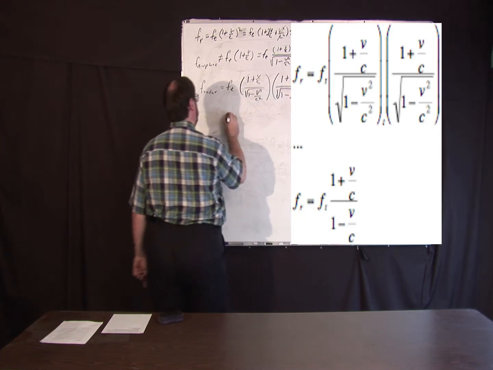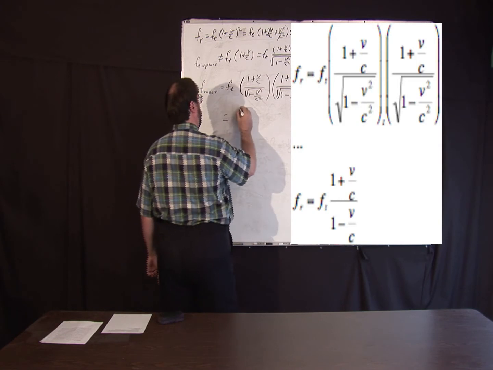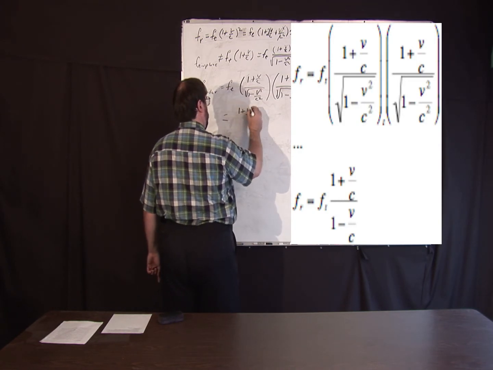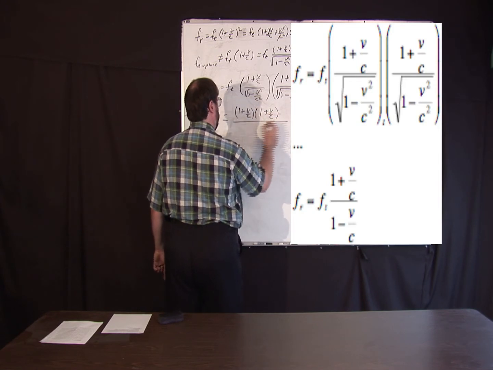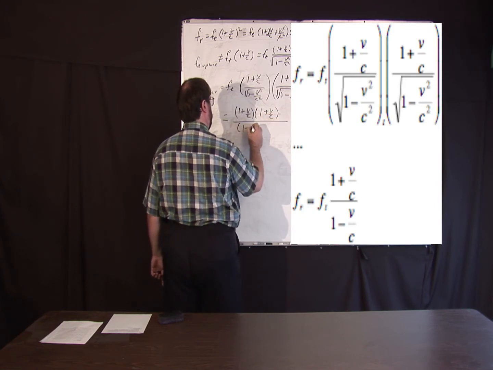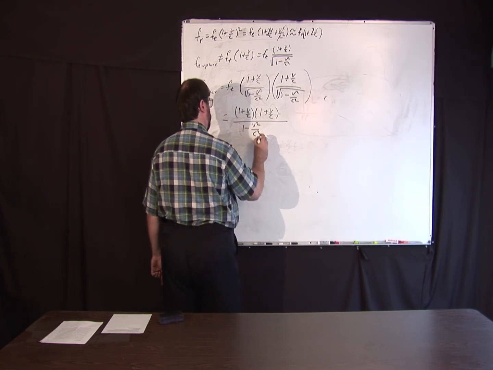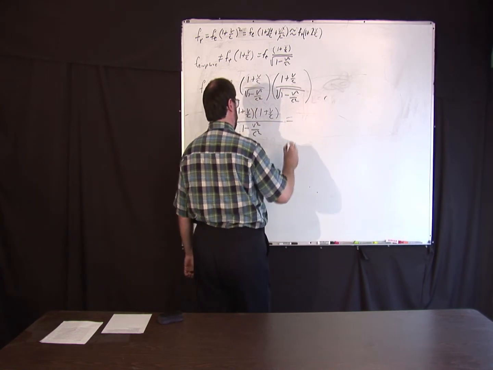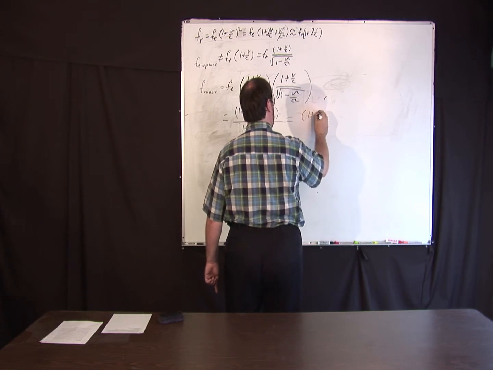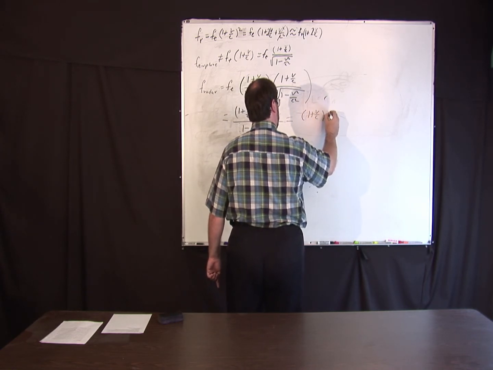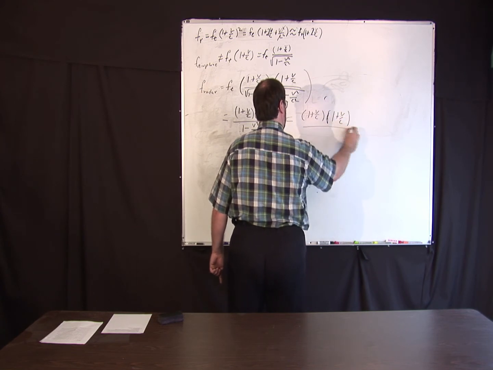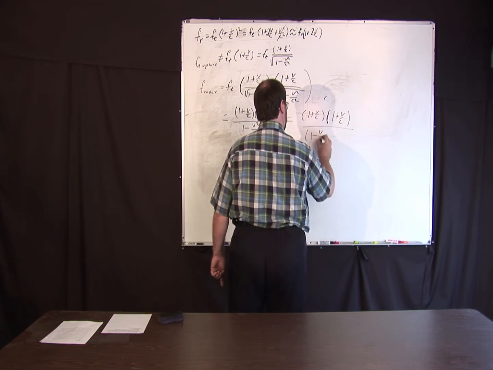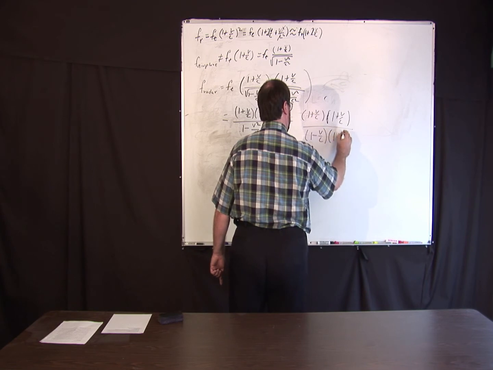Well, this is equal to, we'll do some algebra here, 1 plus V over C times 1 plus V over C over 1 minus V squared over C squared. But this is equal to, with a little bit of algebra, 1 plus V over C times 1 plus V over C over 1 minus V over C times 1 plus V over C.